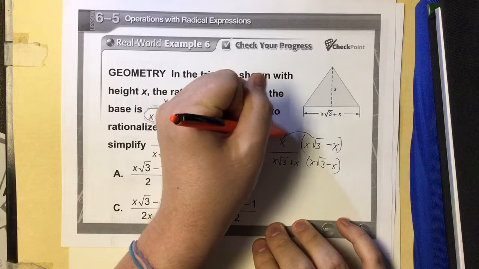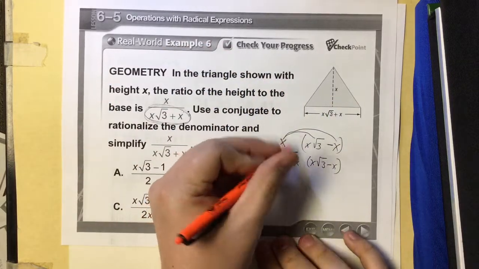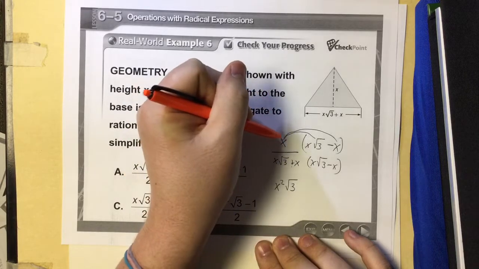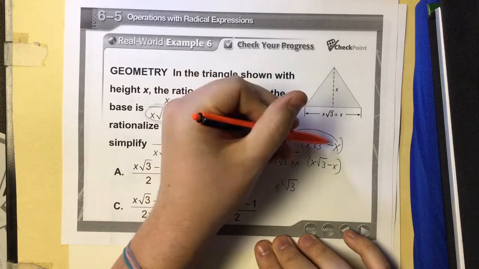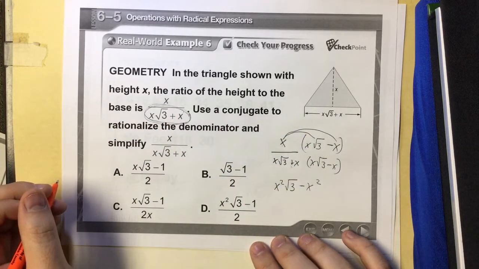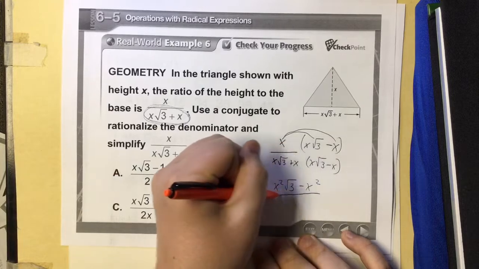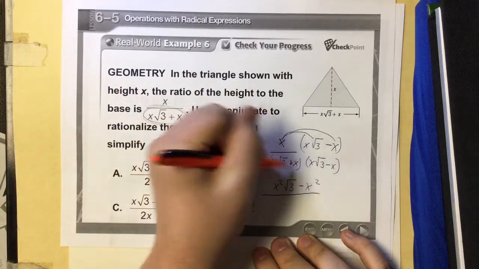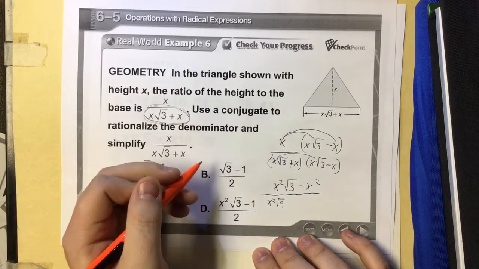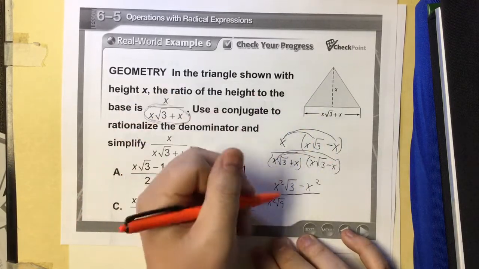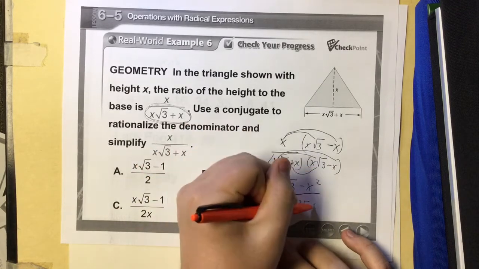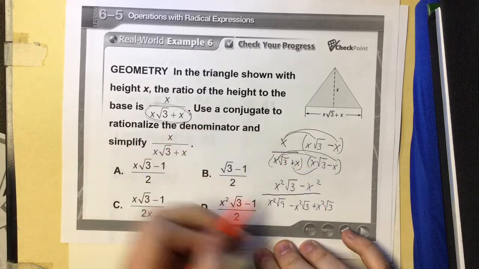In the numerator, we just distribute our x. So we get x times x rad 3 is x squared radical 3. x times negative x is negative x squared. And that is all divided by, we FOIL this out, x squared radical 9 minus x squared radical 3 plus x squared radical 3, and that's the key right here.